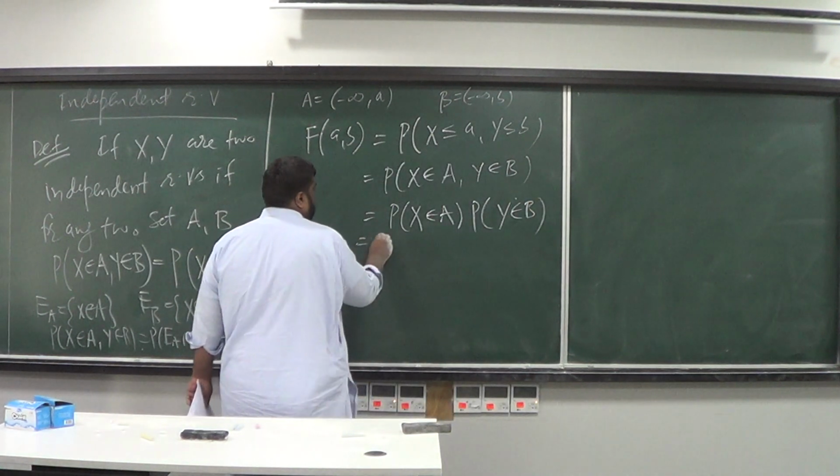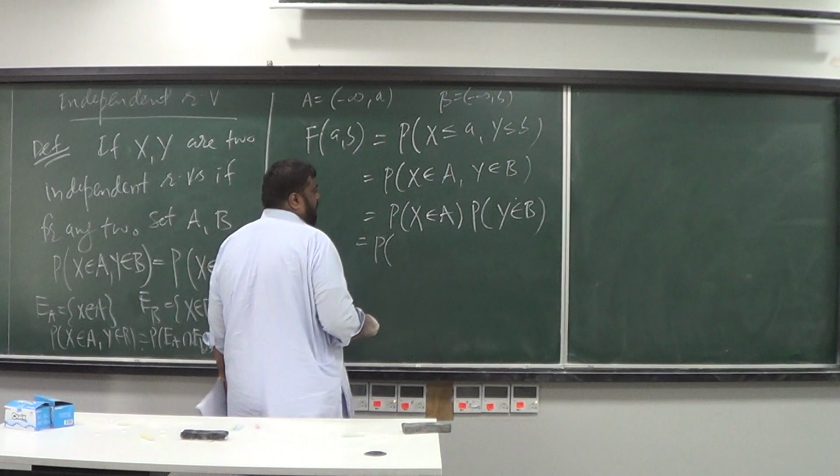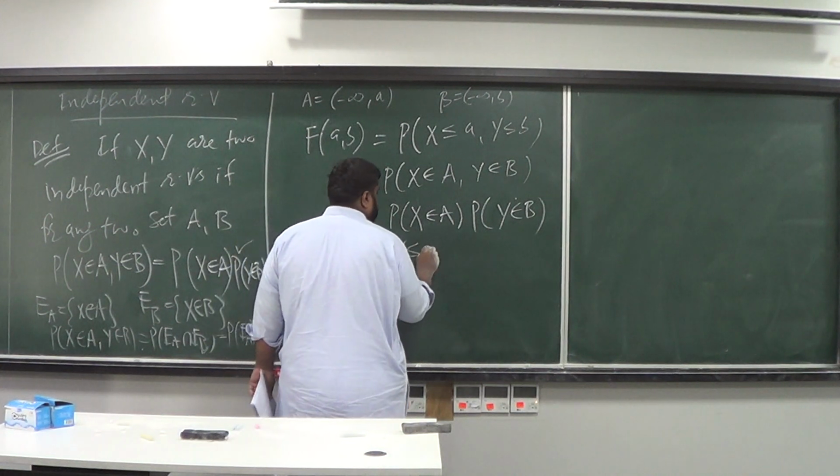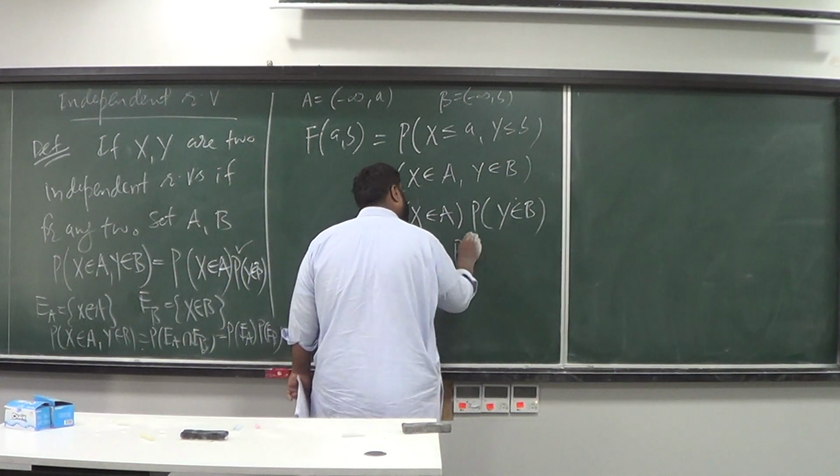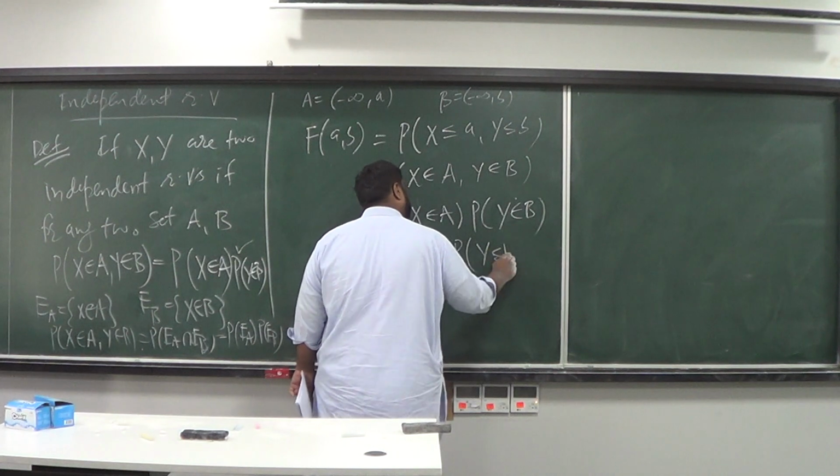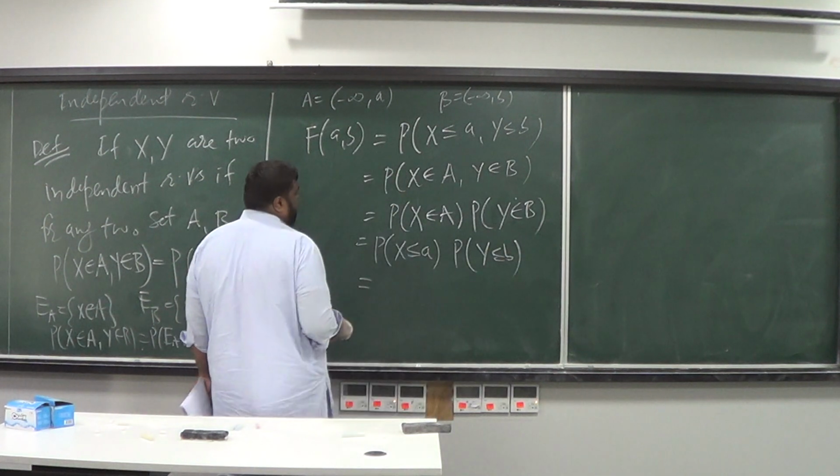And what is the meaning of the probability that X belongs to A? It means the probability that X is less than or equal to A times the probability that Y is less than or equal to B. But what would this mean?